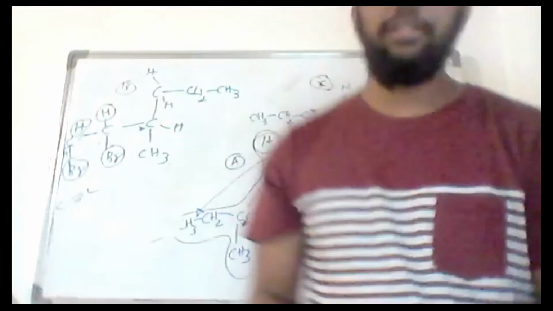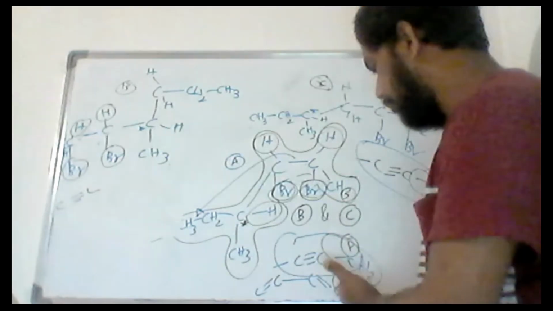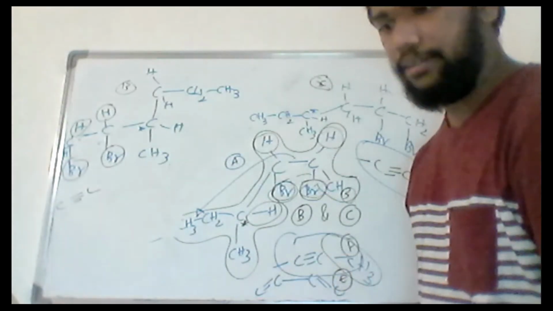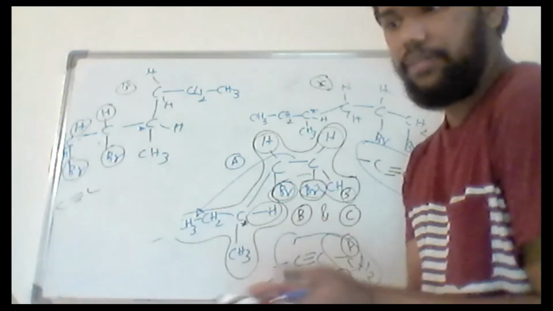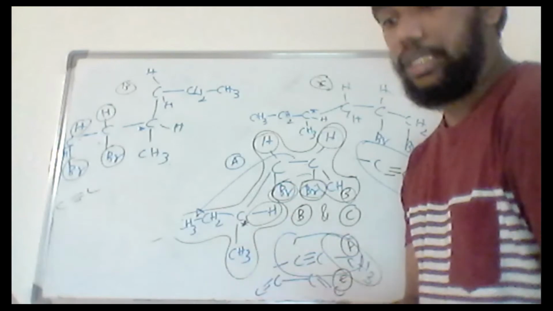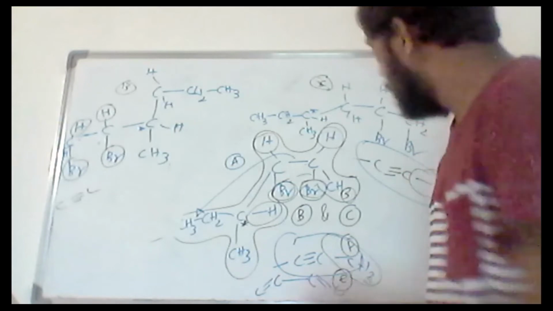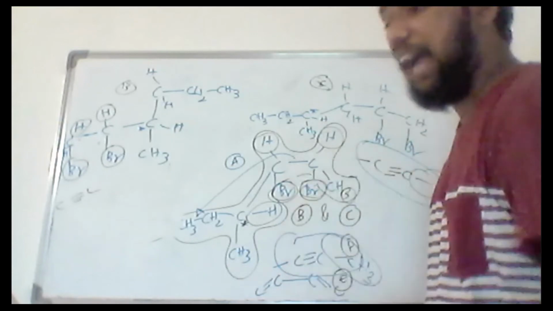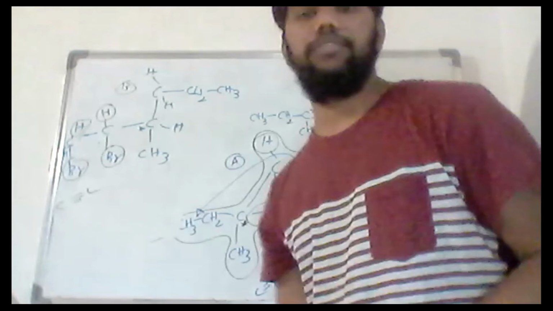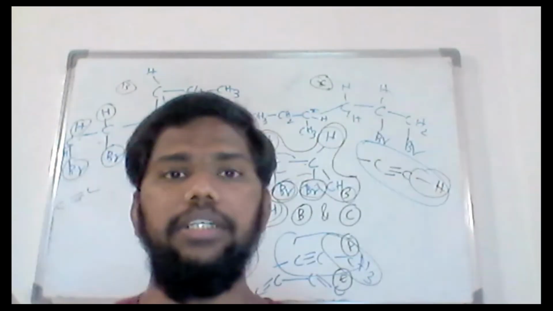F will not give a precipitate with either ammoniacal silver nitrate, which gives a white precipitate, or ammoniacal cuprous chloride, which gives a red or chocolate brown precipitate. But here you will have a precipitate formed. That is the easiest way to identify the compound.